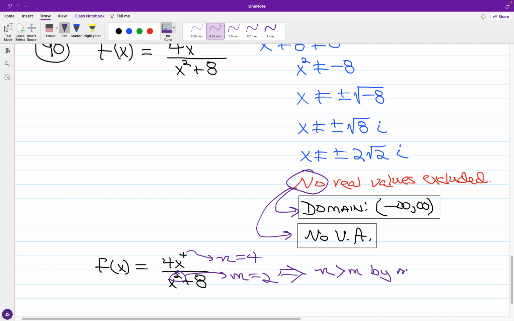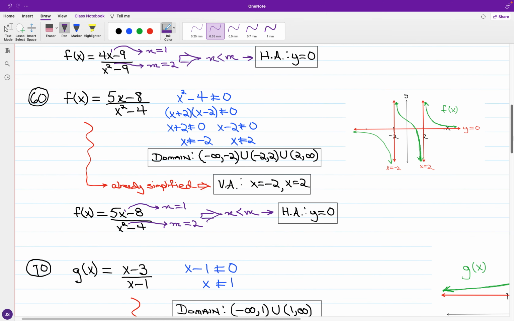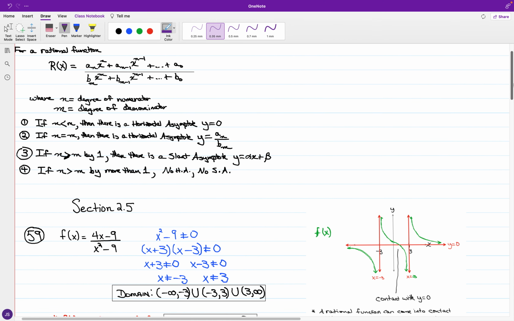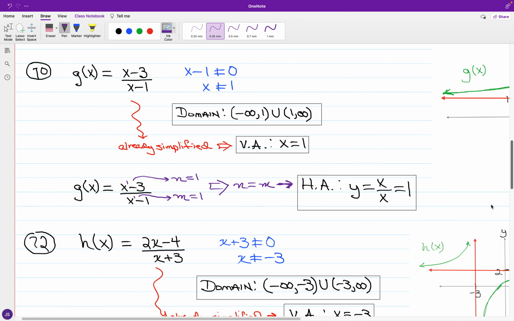In this case, for our 4 cases, we had the last one to apply. Out of the 4 possibilities regarding horizontal and slant asymptotes, if n is greater than m by more than 1, you're not going to have either a horizontal or a slant asymptote.